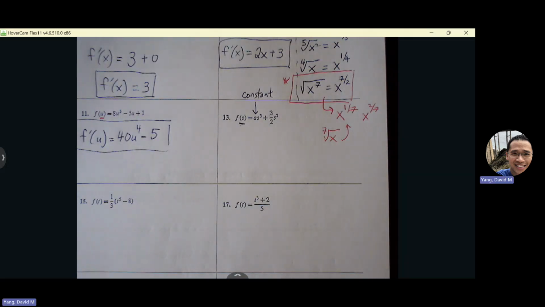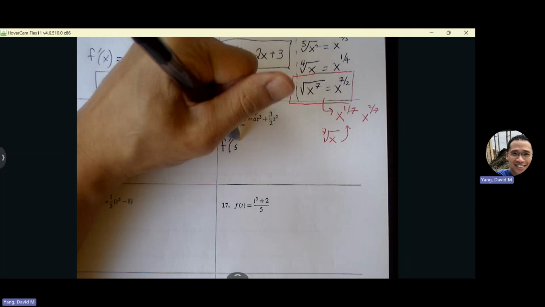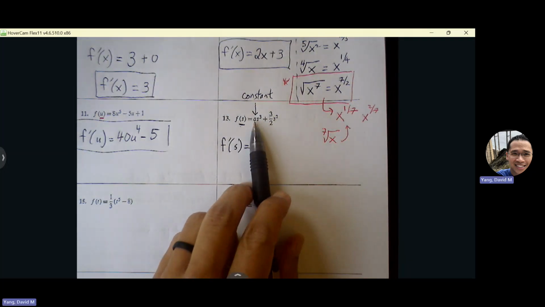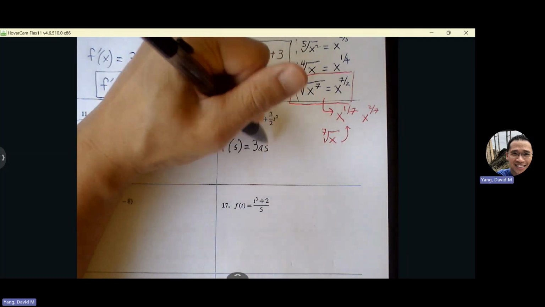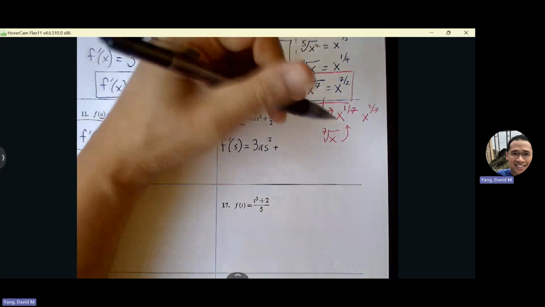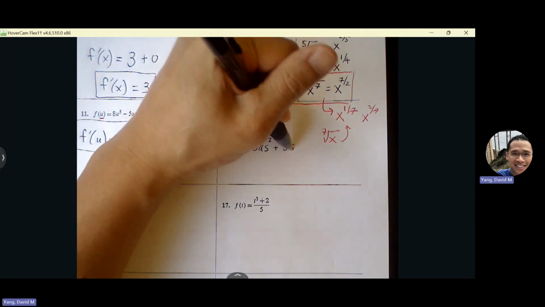It's just some unknown number. It could be a 3, it could be a 6, it could be a 7. F prime of s. That a is going to have to stay, so it becomes what? 3as squared plus, and then go through a power rule, we get 6/2 or 3s.